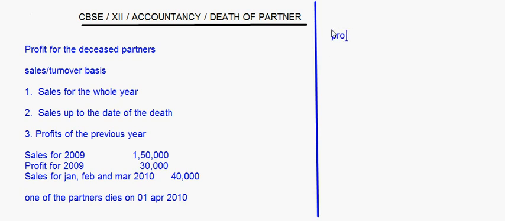Now first of all, I have to take up the rate of profit to sales. Now that is profit divided by sales into 100.